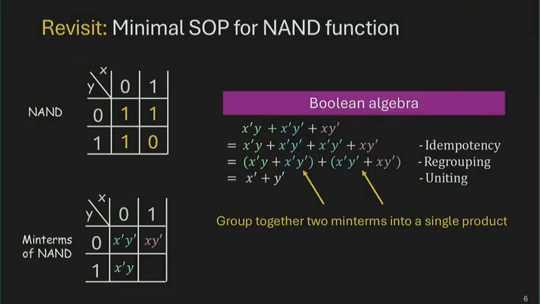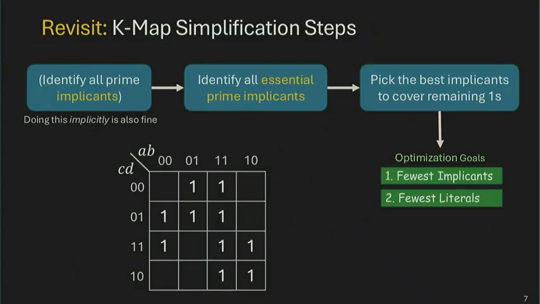All right, so this is a motivational example for a logic minimization algorithm. You can do logic minimization using Boolean algebra by grouping together these adjacent minterms, and K-map just provides a better visualization. And in general, to do simplification with K-map, we follow these steps. We first find out the prime implicants. These are the candidates that could go into the minimal expression.